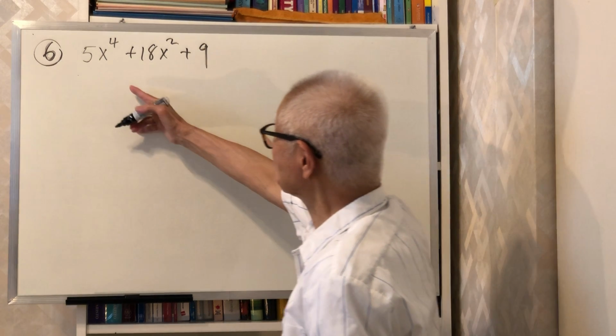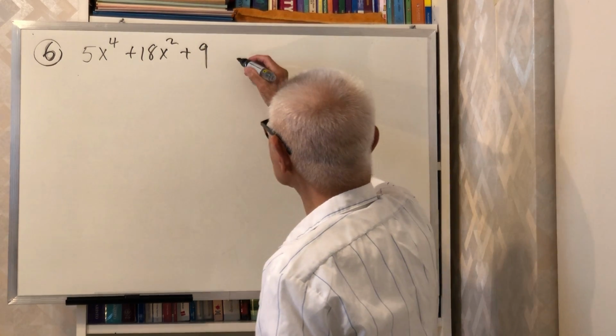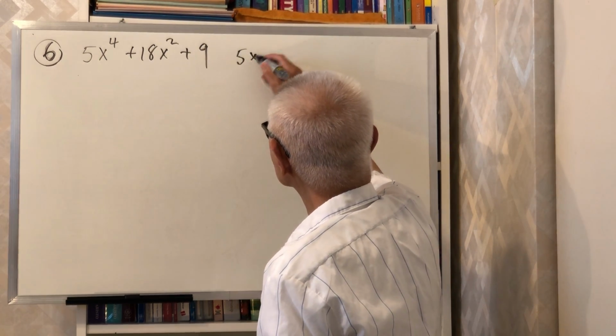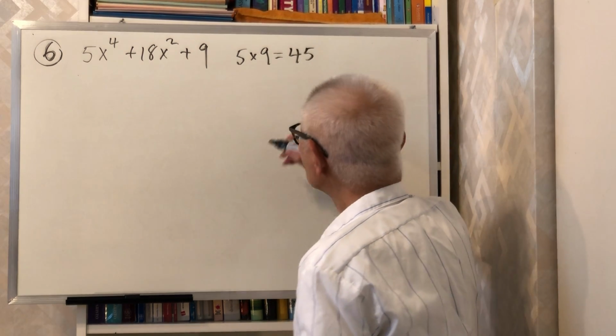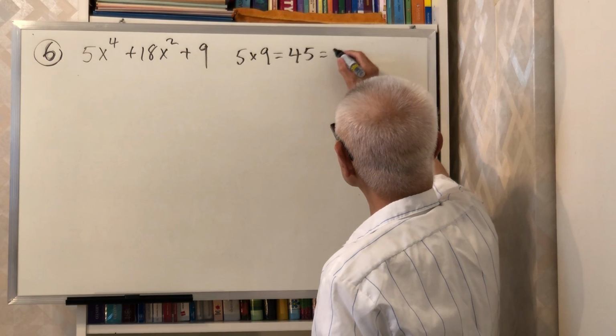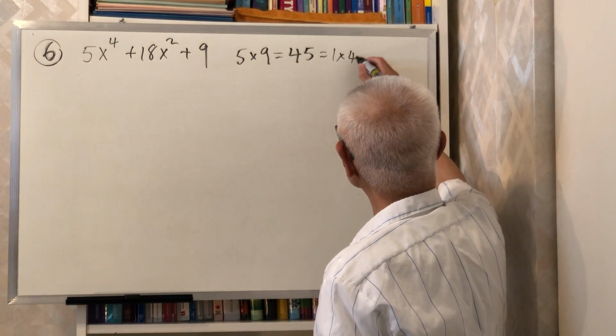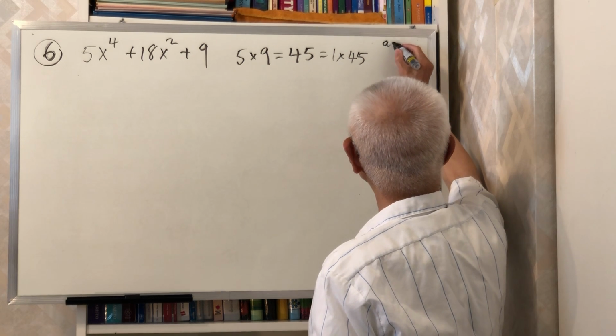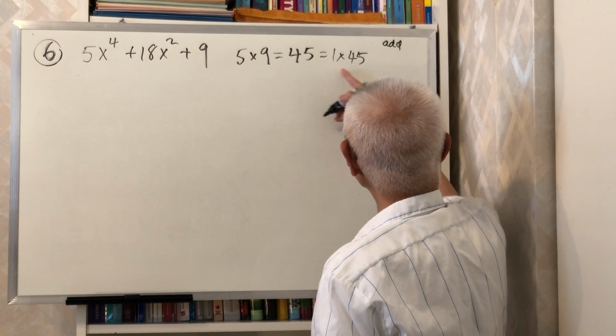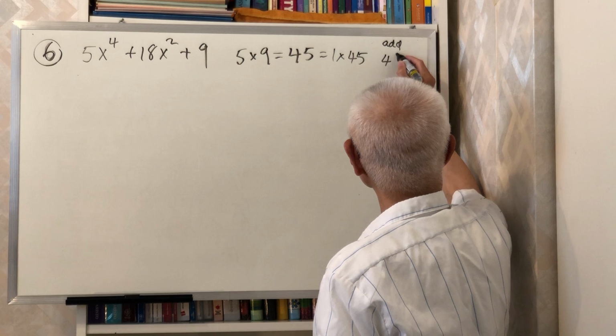Let's do as usual with 5 times 9. That's 45. 45 can be written as 1 times 45. Now this is plus, so I need to add. 1 plus 45 is 46.